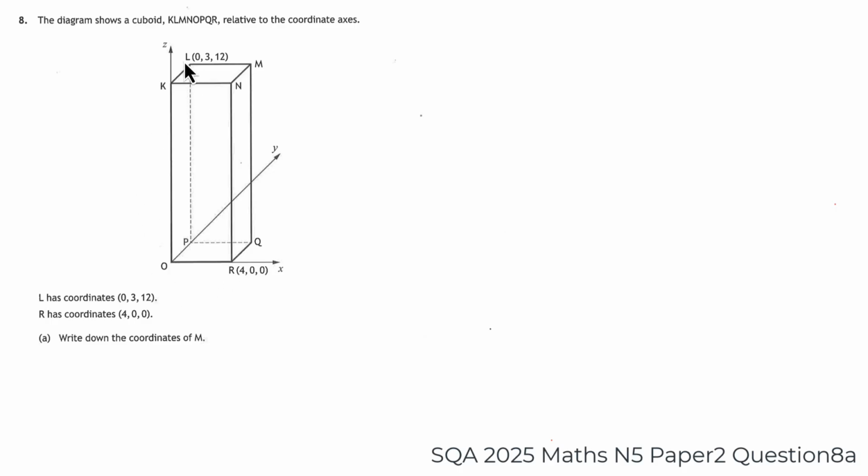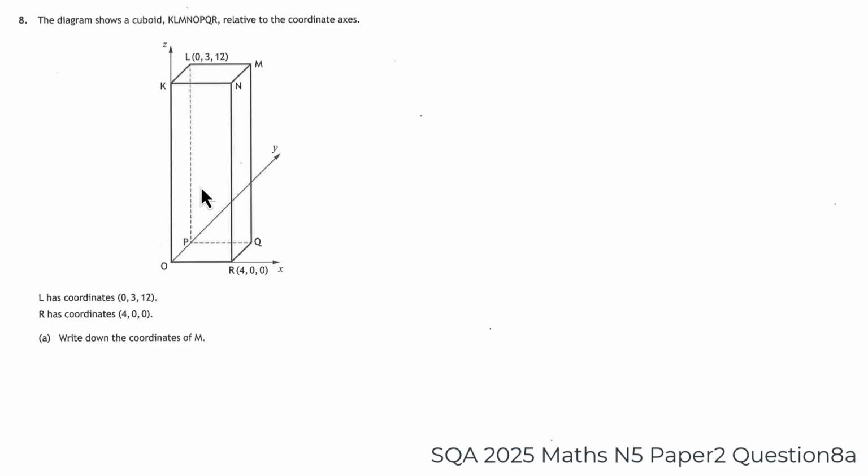Now if we look at this point L, 0 for the x-axis, in other words we don't move along the x-axis to get to this point L. We do move 3 units along the y-axis, followed by 12 units up the z-axis. So 3 units along the y-axis, OP would be 3, and then PL up to there would be 12.